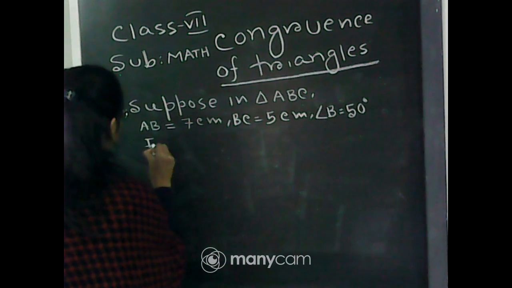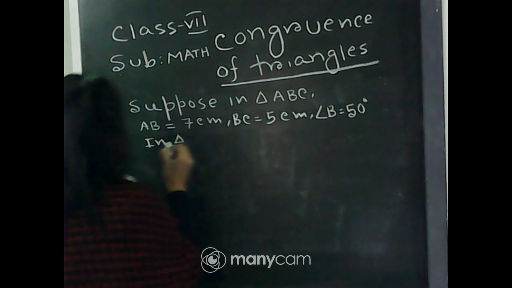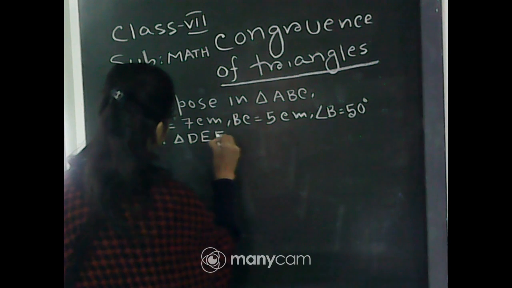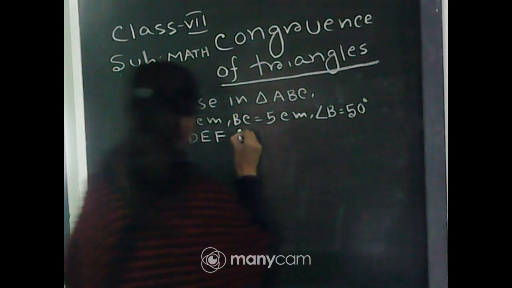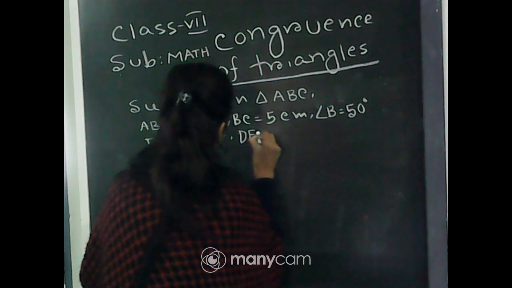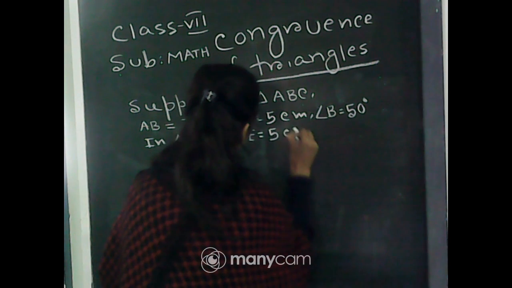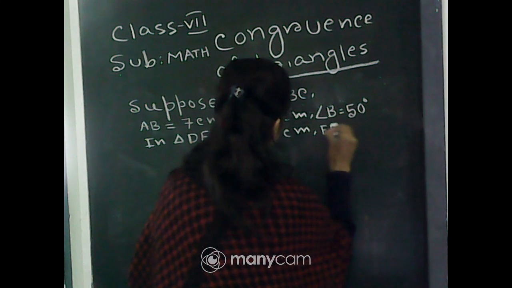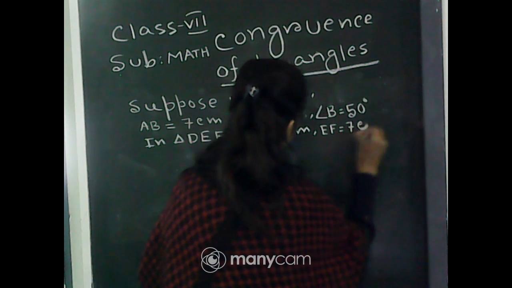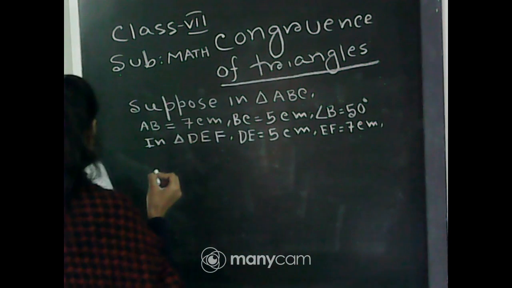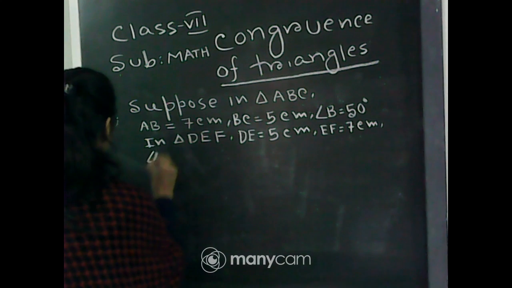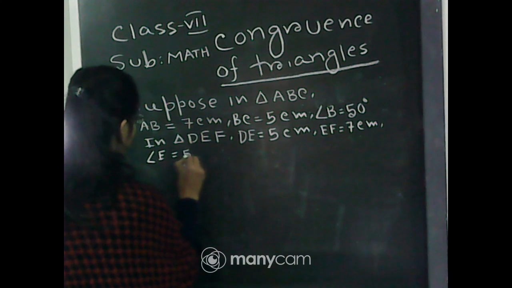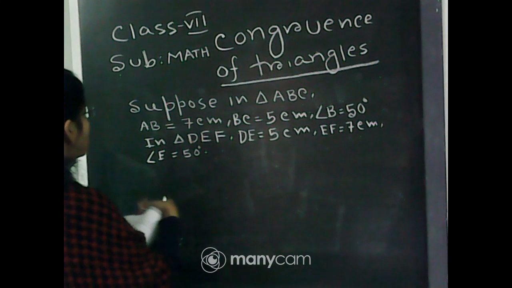And in triangle DEF, DE is equal to 5 cm, EF is equal to 7 cm, and angle E is equal to 50 degrees.